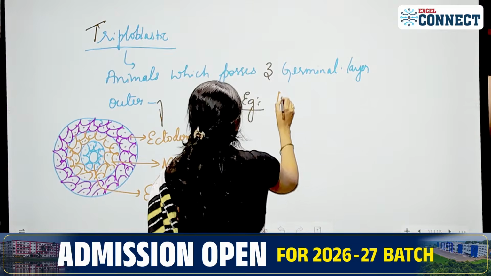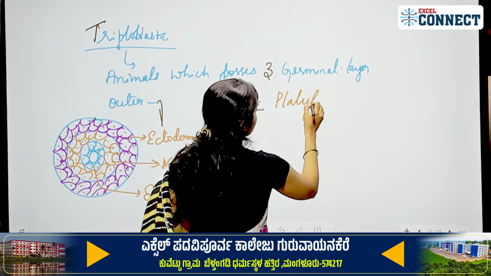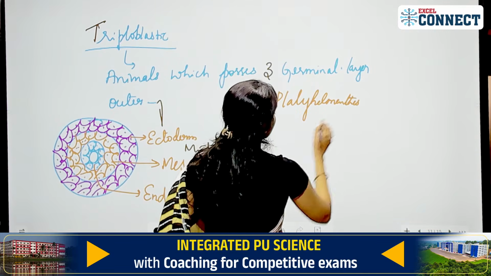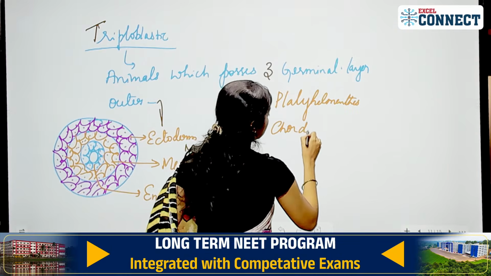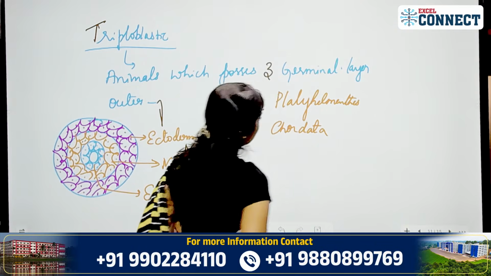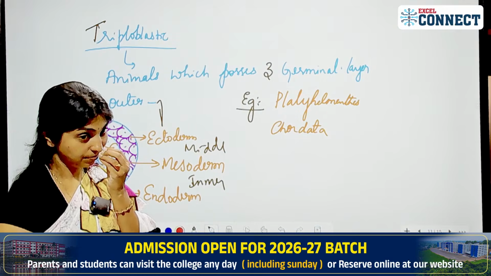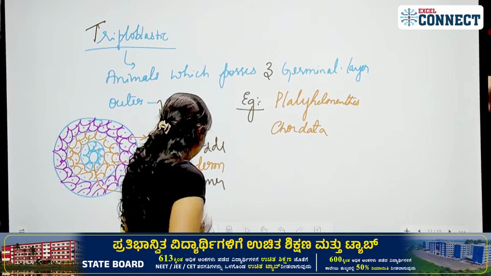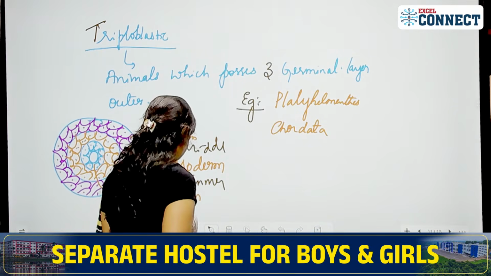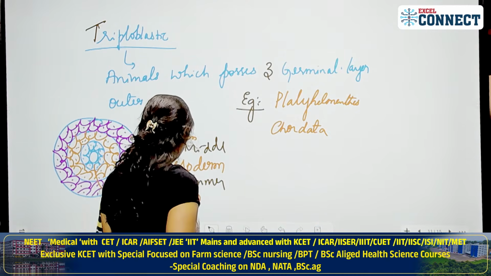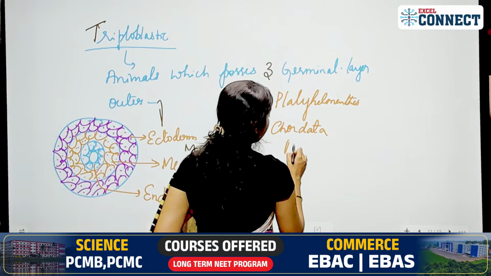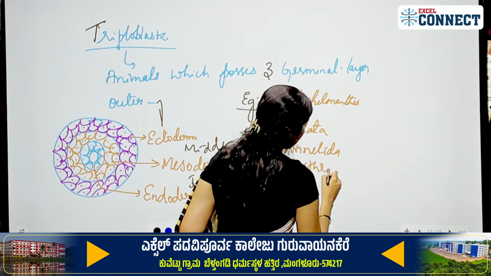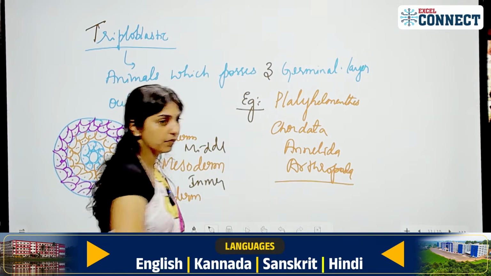One is Platyhelminthes, or you can say Chordata, and then Annelida, Arthropoda. Any example you can give, all examples you can give.